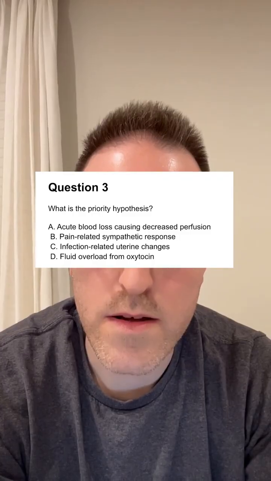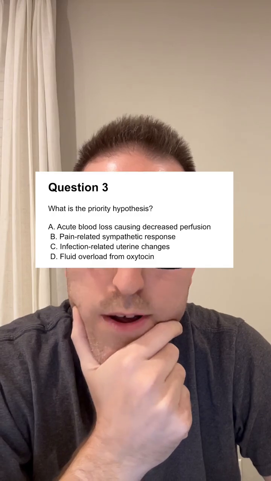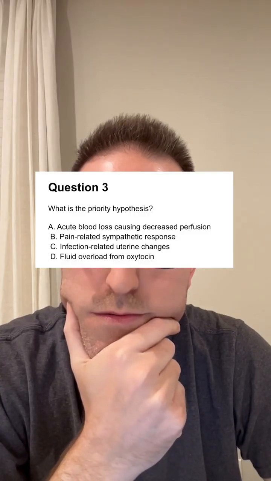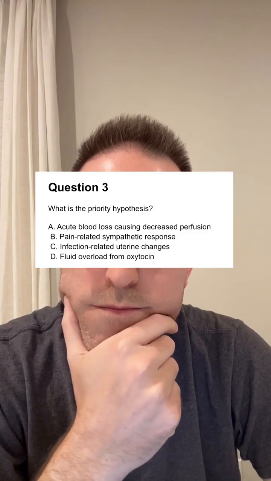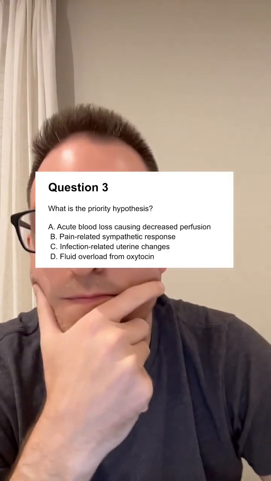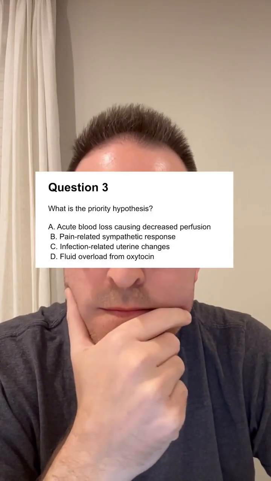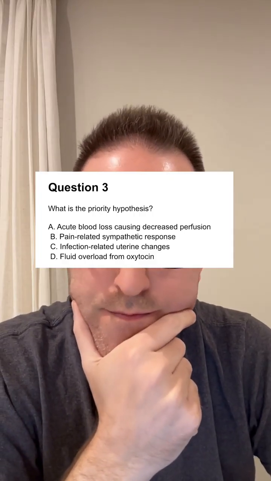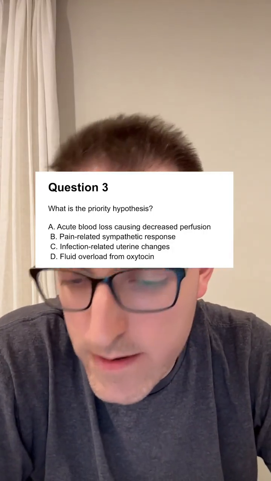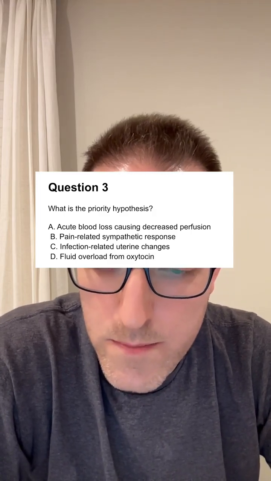All right, so going into the priority hypothesis question here. What is your priority hypothesis that you're evaluating here? Right now we're putting all of these data points together and coming up with, what's the main cause of all this stuff?